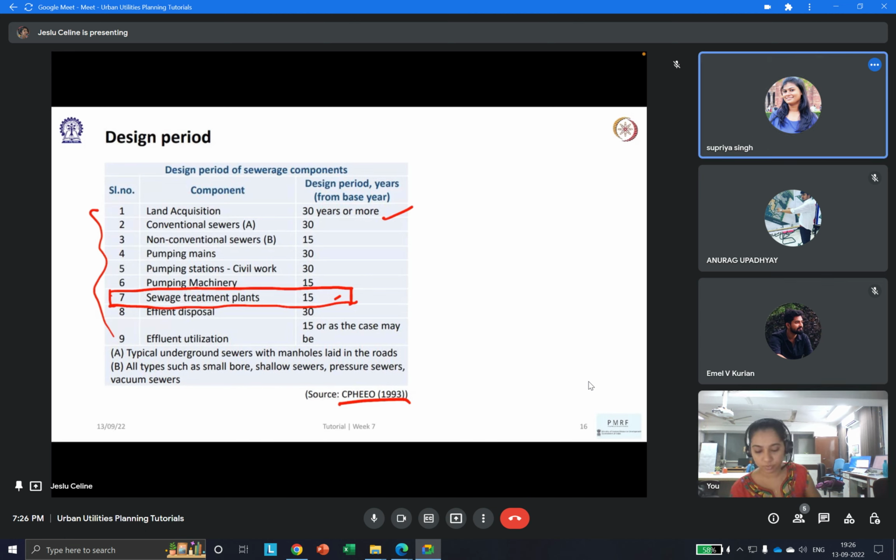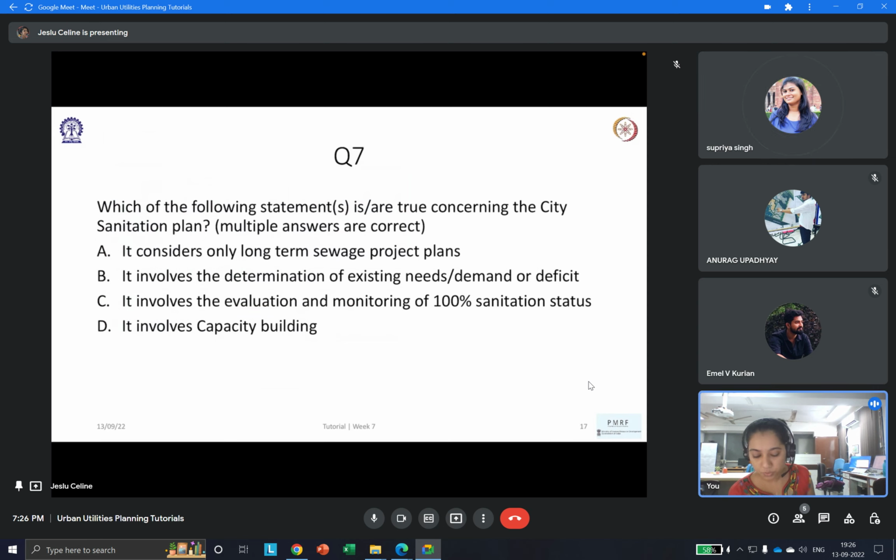Okay, we'll proceed further. The next question is: which of the following statements is or are true concerning the city sanitation plan? Anurag, do you want to take this question up? It involves capacity building. It involves evaluation.